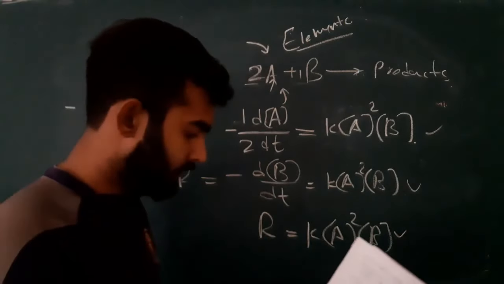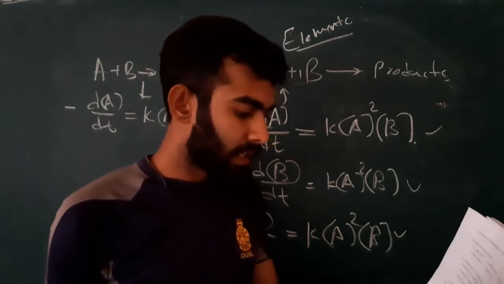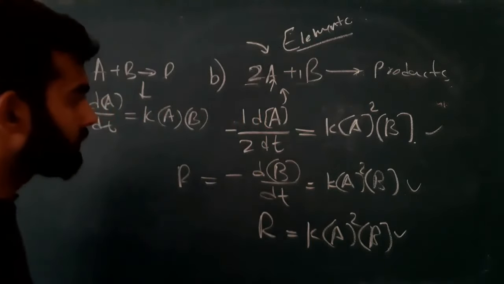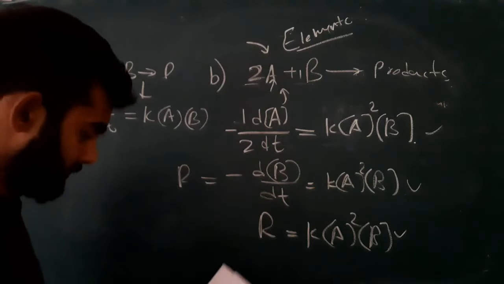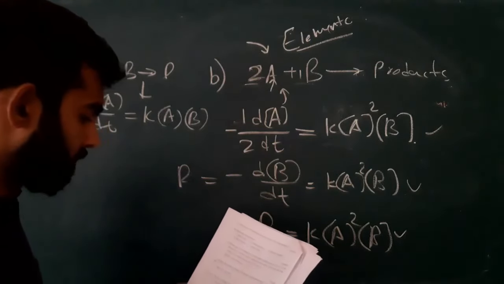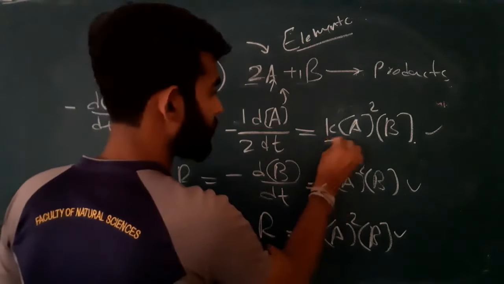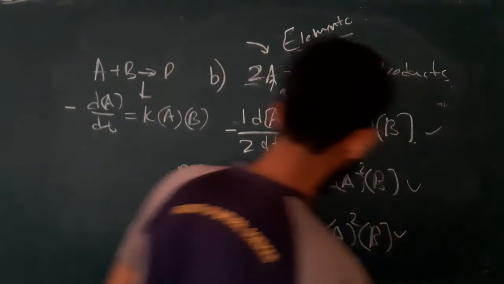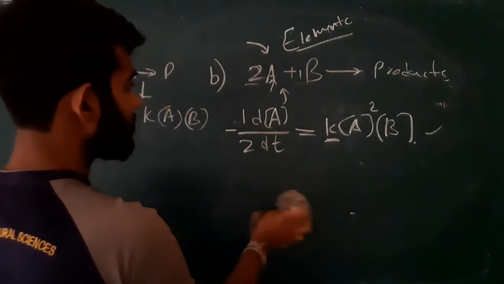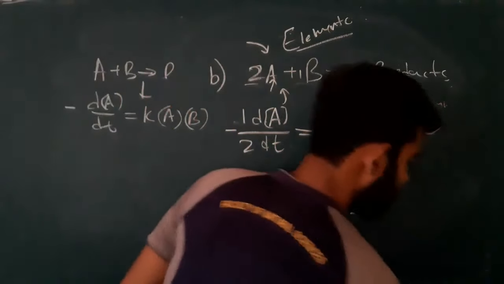Next question. Determine the SI units of the rate constant K. So we have to determine the units of K in SI units. In previous questions also I discussed this. If we consider this equation, we have to get the unit.